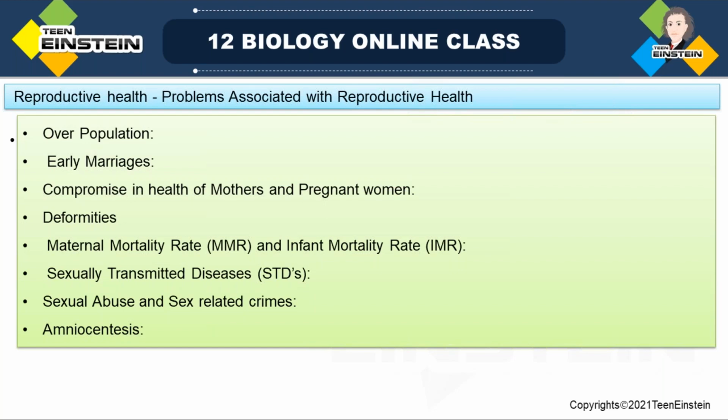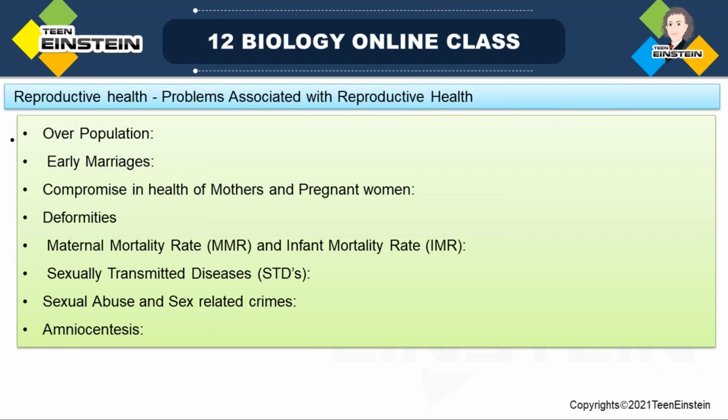All these affect a reproductively healthy society. People are not following government rules. The minimum age limit set by the government is also not properly followed by people. This is also a problem related to reproductive health.